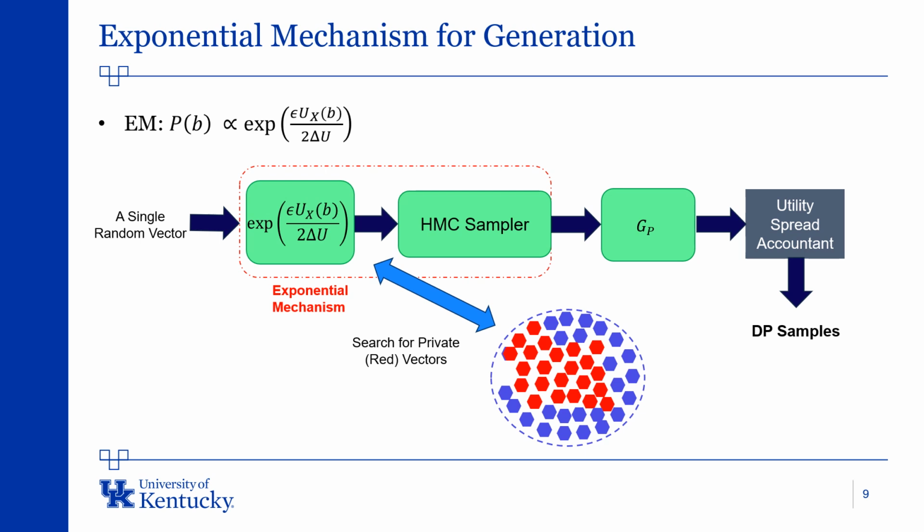These vectors are converted into samples by the generator, and then the utility scores are provided by the classifier. The HMC sampler is guided by the scorer to navigate through the latent space for private looking vectors. The generator continues to release the differentially private samples as long as the privacy accountant allows it.